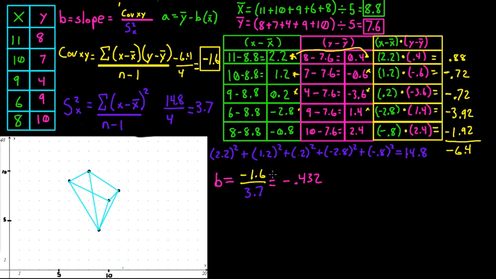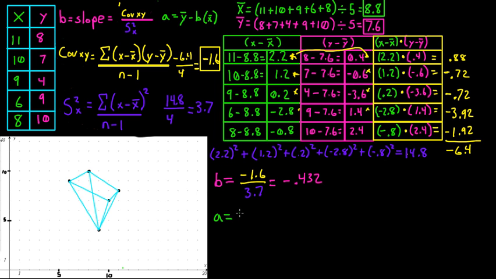How do we find the y-intercept? Well, we've got this equation up here. A equals y bar minus b times x bar. So we say a equals y bar, and y bar is what we had, 7.6.